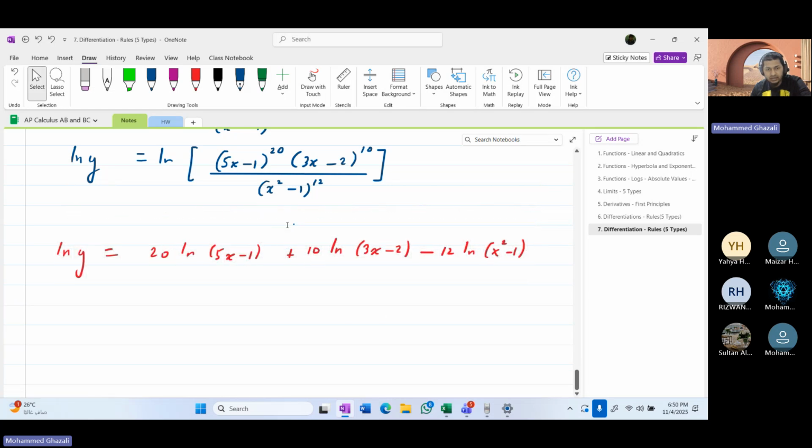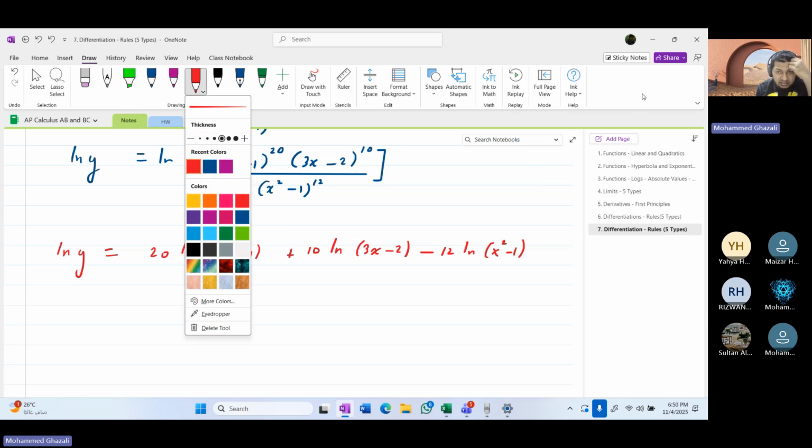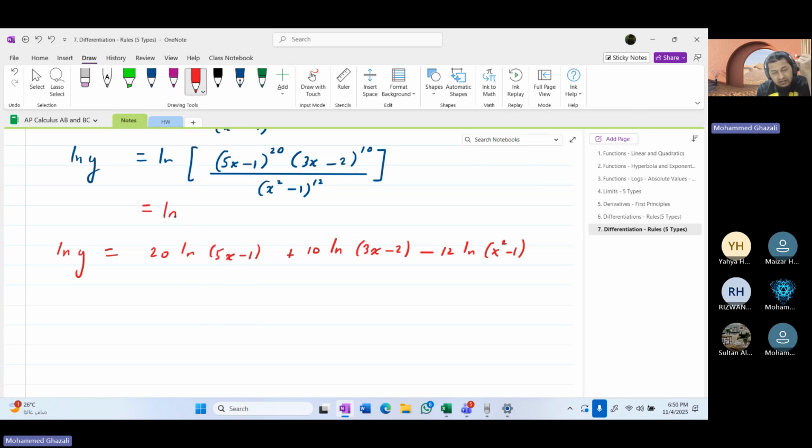Because you might be confused where I'm getting these from. Let's say this is ln of one function f to the power a, then we have another function g to the power b, and a third function h to the power c.